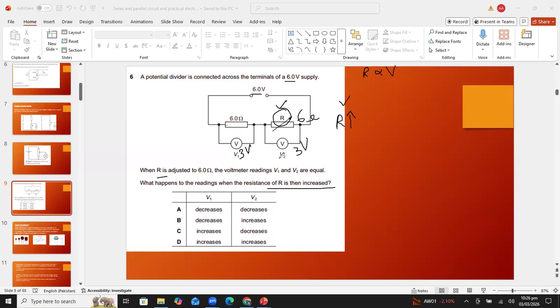So if R is increased, the voltage across this resistor will also increase, and it will increase the voltmeter reading. It means अब 3 के बजाय मुझे 4 या 5 वोल्ट मिल रहे होंगे. अब अगर यहाँ 5 वोल्ट मिल रहे हैं तो बेटा टोटल बैटरी का वोल्टेज तो 6 वोल्ट ही है ना, तो ये 3 नहीं रहेंगे फिर, क्योंकि 5 + 3 it will become 8 volts. तो ऐसा तो नहीं हो सकता ना कि बैटरी के वोल्टेज से ग्रेटर वोल्टेज मिले. Obviously it is not possible.